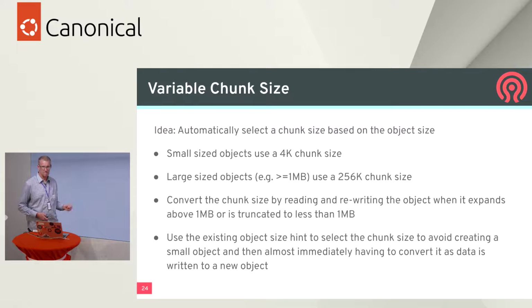So another possible thought is, could we be even cleverer than just not doing the padding? What if we automatically choose a chunk size based on the object size? If you're writing small-sized objects, let's use a small chunk size like 4K. If you're writing larger objects, so let's say greater than a megabyte, use a 256K chunk size. So here, we're now getting our cake and eating it.